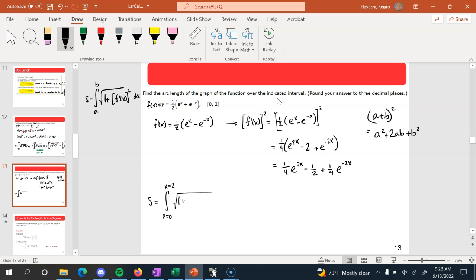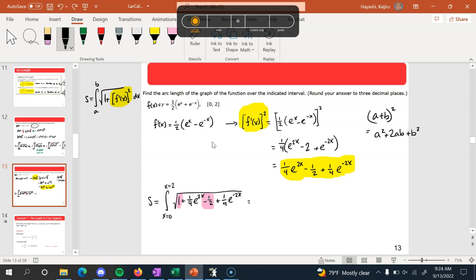So it's going to be 1 plus this whole thing. The 1 and the -1/2 combine to create positive 1/2.